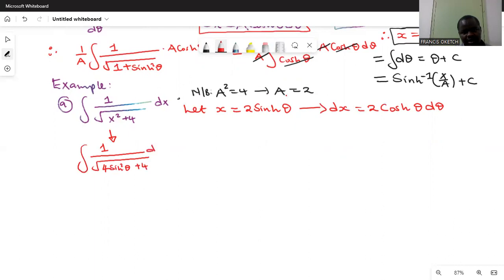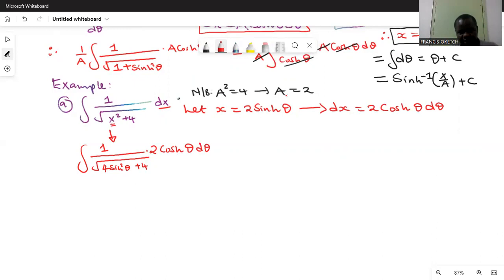Then instead of dx, I am going to write 2 cosh theta d theta. You see, we have replaced dx and you have also replaced x because we want our new integrand to be in terms of theta, not x.